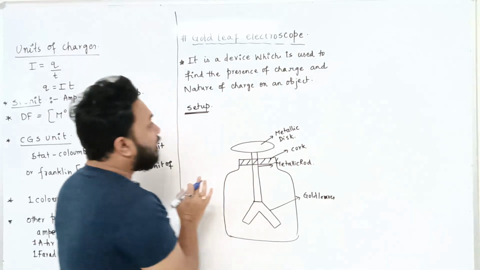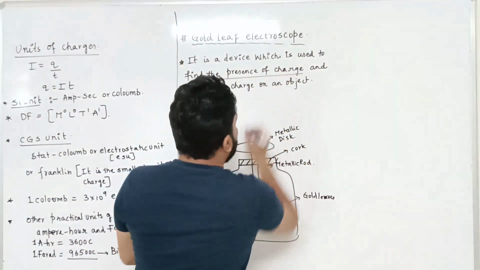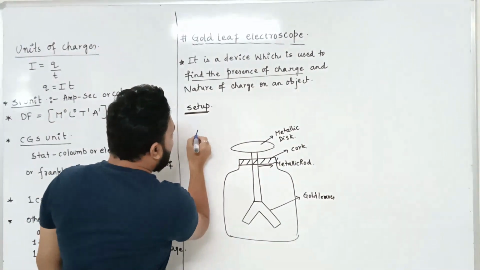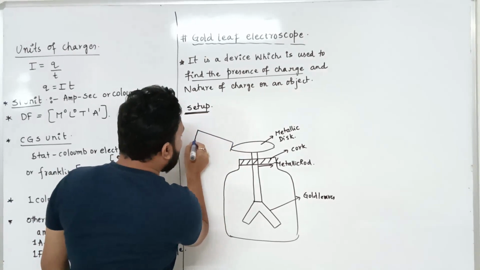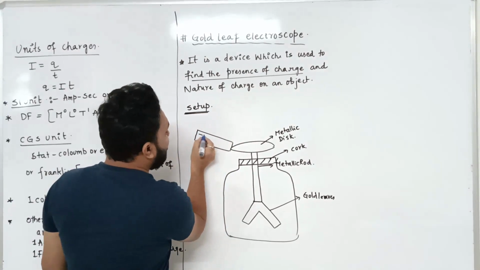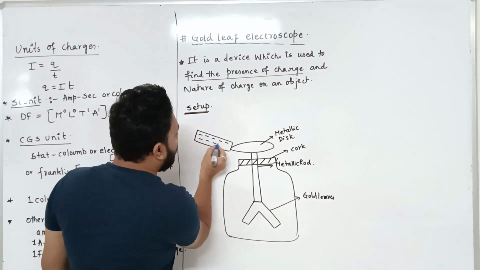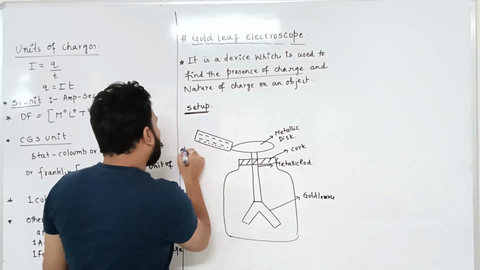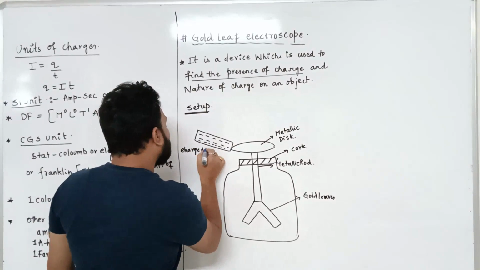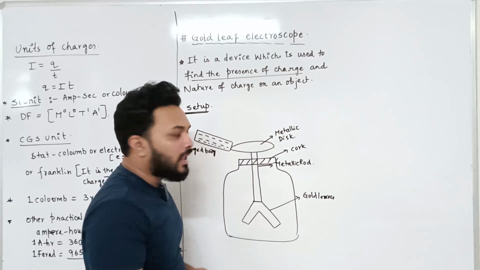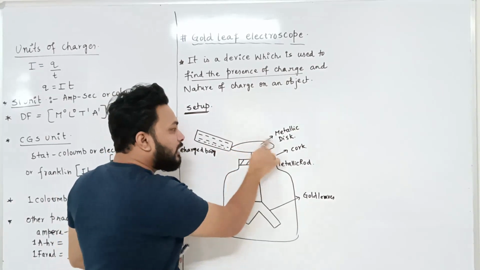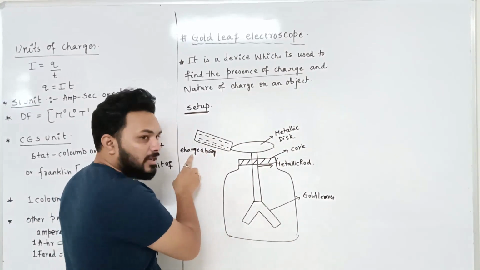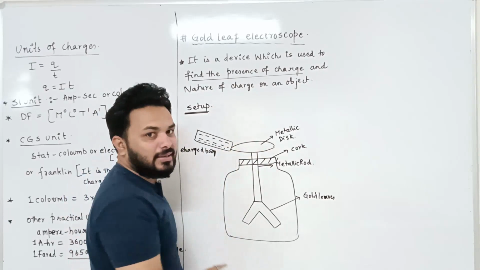See how exactly we find the presence of charge on the gold leaves. Whenever we take a charged body, suppose this is a negatively charged body with excess electrons, and we touch it to the metallic disc, the excess electrons from the negatively charged body transfer to the metallic disc.